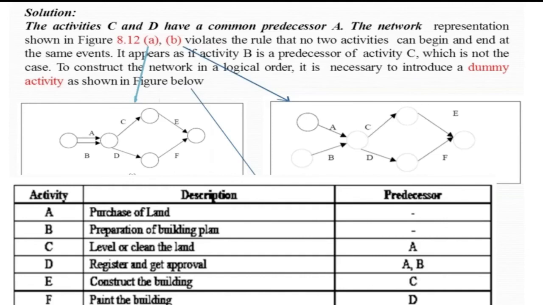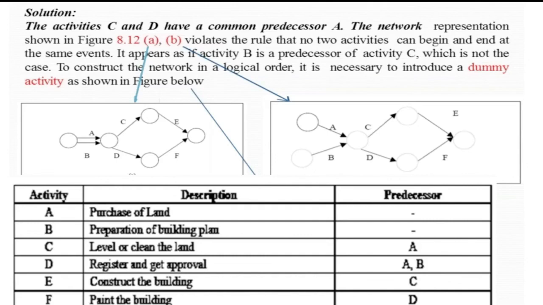But if you go to the given matrix, it is true that A and B have no predecessor, but you can see here that the only activity that precedes activity C in our given matrix is A. So in this graphical representation, activity C will have two preceding activities, A and B. So it is incorrect.